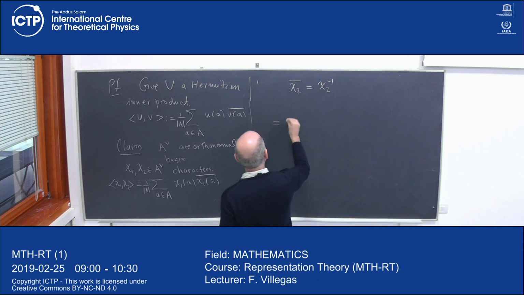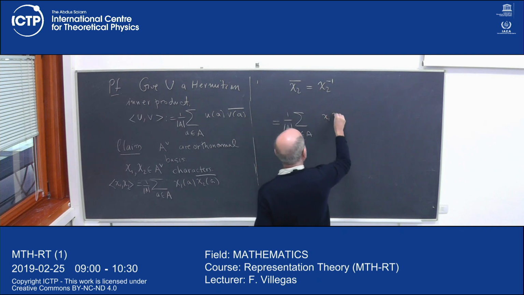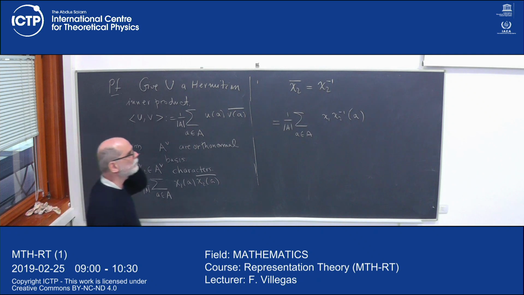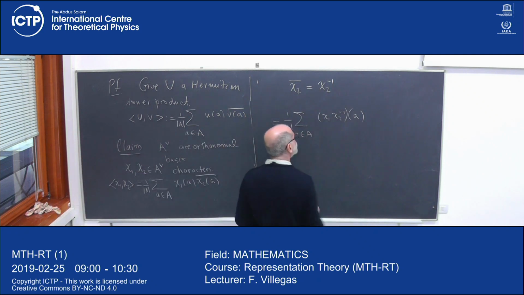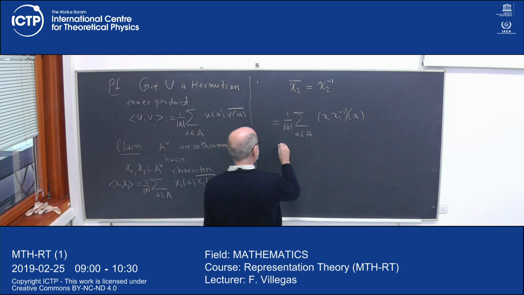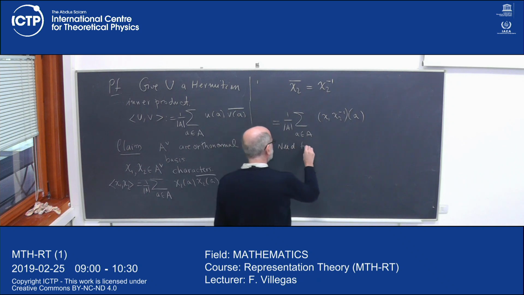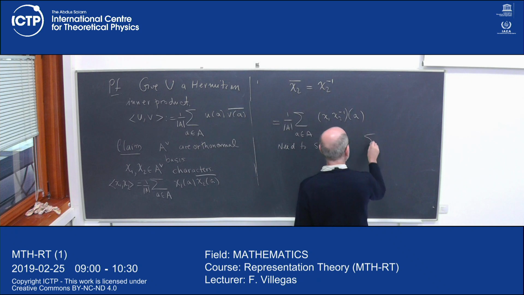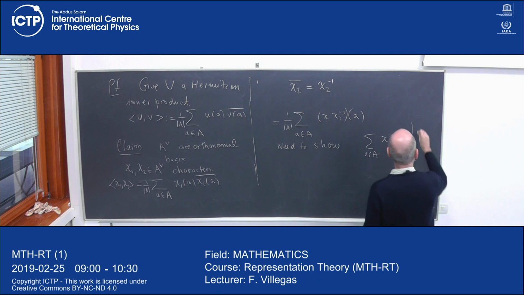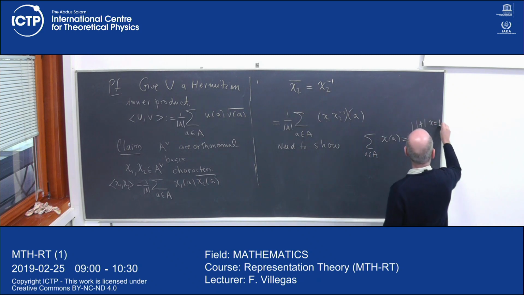So the sum is chi1 chi2 inverse of A, because this is by definition the product of chi1 and chi2 inverse. So what I need to show is that the sum of chi of A over A is the size of A if chi is trivial, and is 0 if chi is not trivial.